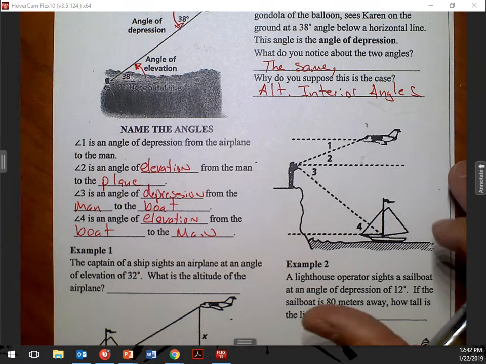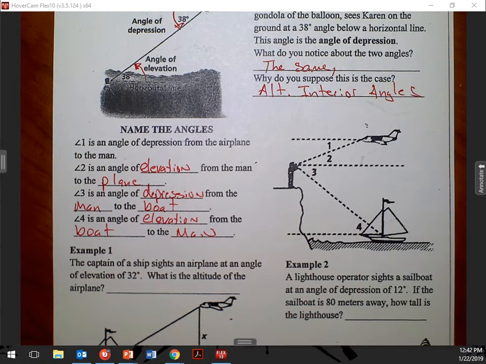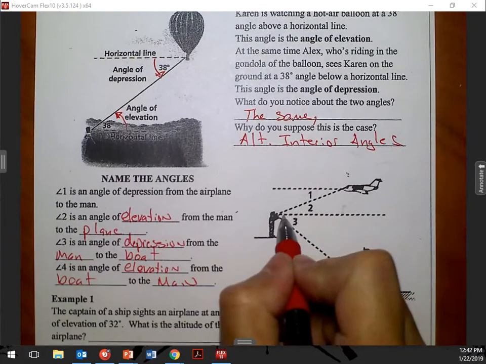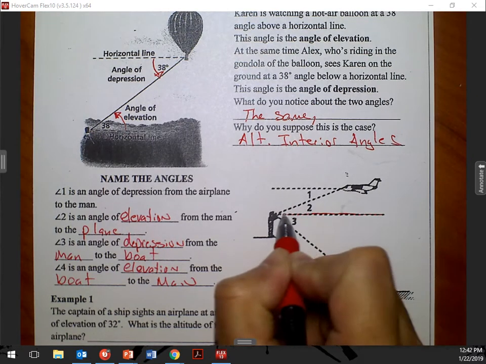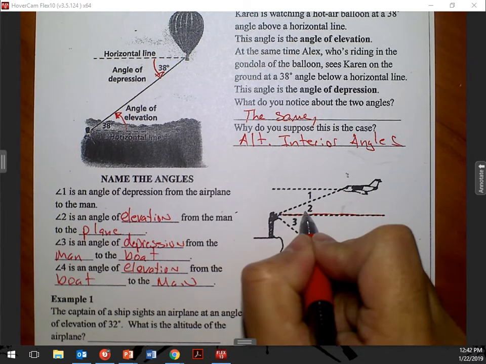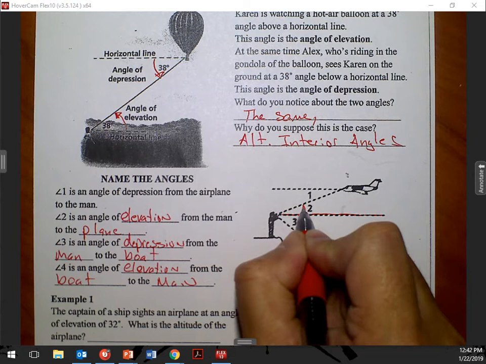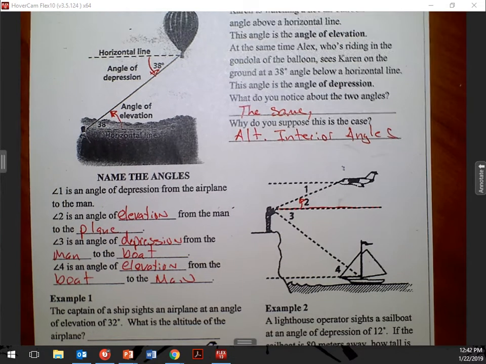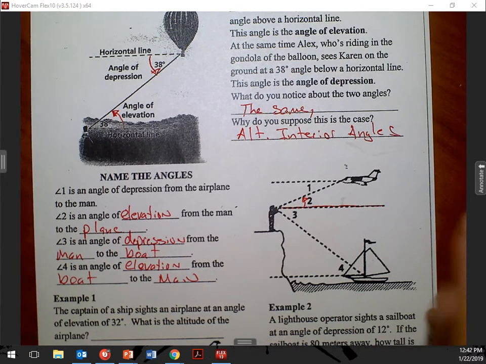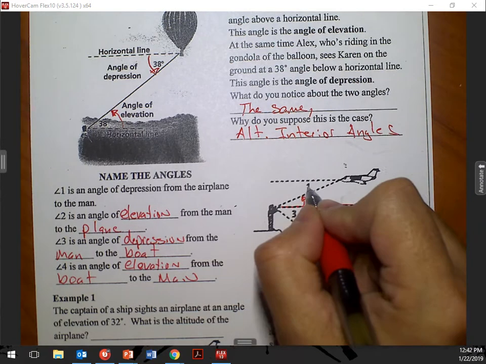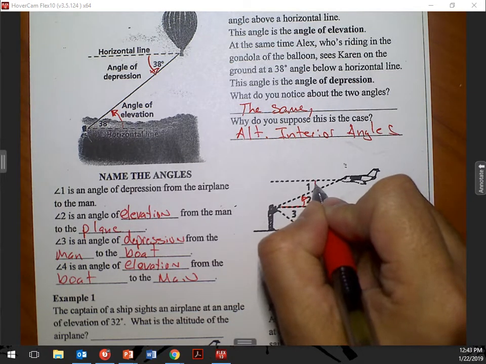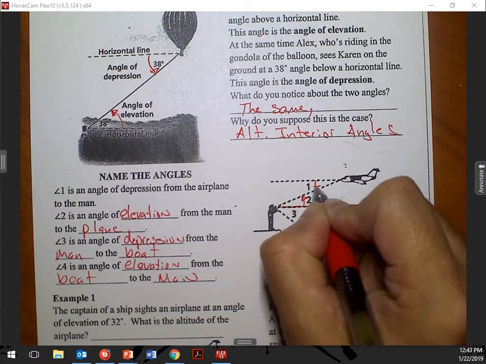Okay. Go ahead. Use angle 2. Angle 2? Okay, so see this right here? This right here is my horizontal line, right? So is it going up from the horizontal line? Yeah. That's why it's going to be elevation, because it's from the horizontal line here. This one where angle 1 is, it would be from this horizontal line down.